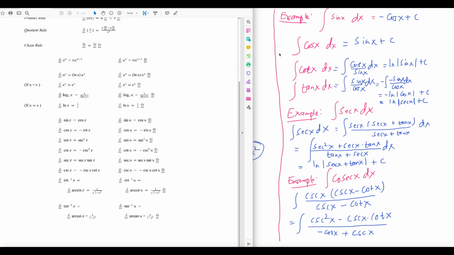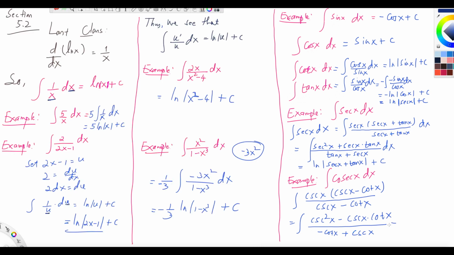So what is the final answer here then? Here also the derivative of the denominator function is the numerator function. So you can write natural log of cosecant x minus cotangent x plus c. When I write the final answer, I can write this one first and this one second. Either way, it is not a problem, because I am keeping the same sign. See, cotangent has a negative sign, cosecant has a positive sign.